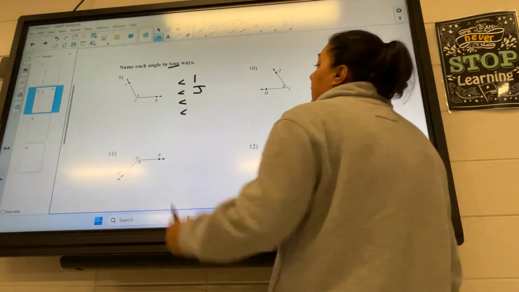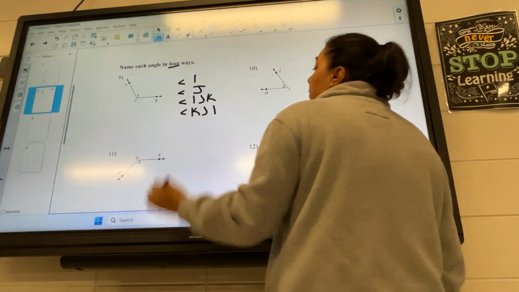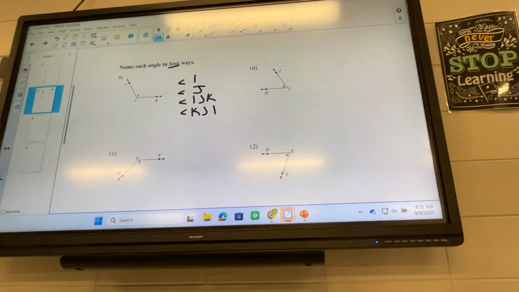IJK. KJI. Yep, so the J needs to be where? In the middle. Why the J? It's the vertex, okay? So the vertex always goes in the middle part. So if you notice that the J is in the middle on both of those, it is supposed to be.